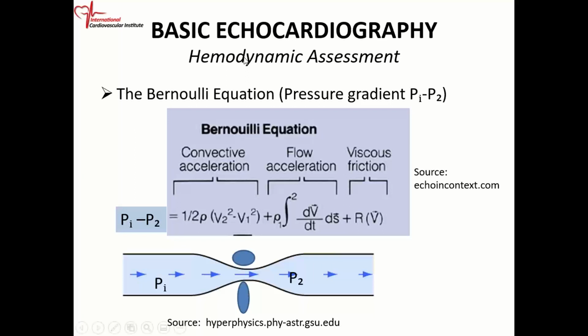So this equation allows us to calculate pressure gradient or pressure difference. So if this is the pressure gradient, P1 minus P2, it is equal to convective acceleration plus flow acceleration plus viscous friction. So this is the basic formula.